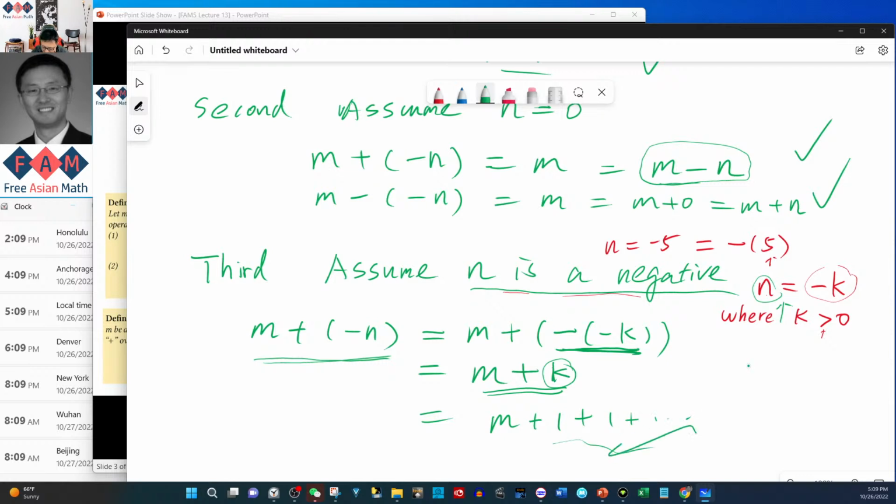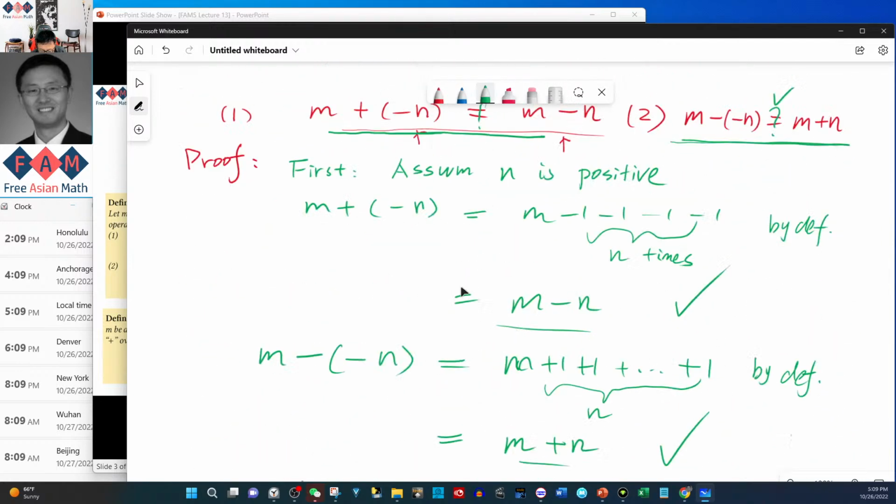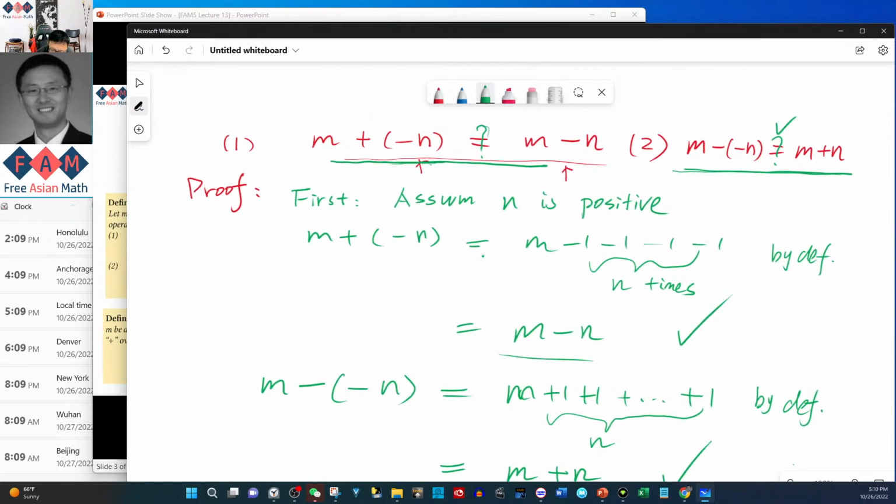But this is really already proven by our earlier result, the version where n is positive, right? This one, I'm sorry, this one. Remember this? If n is positive here, we already proved this one.